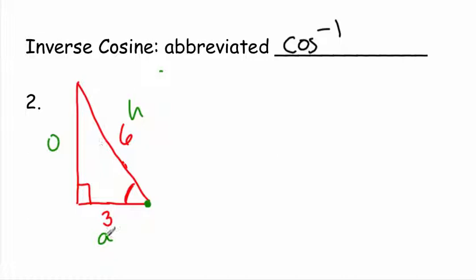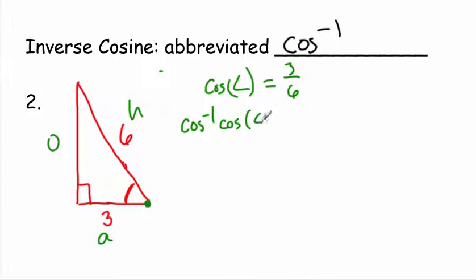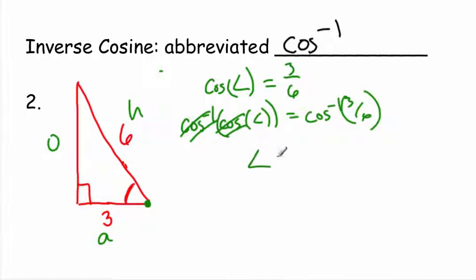The only one that uses adjacent and hypotenuse is cosine, which is CAH. So I can say that the cosine of my angle equals adjacent over hypotenuse. I'm going to take the inverse cosine of both sides, and this cosine cancels this one out, so I'm just left with the angle.